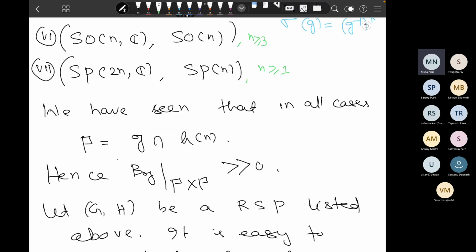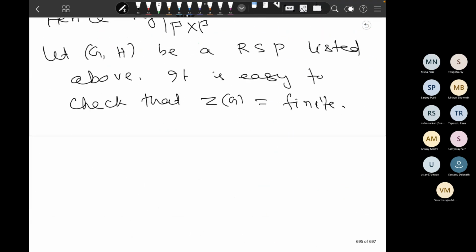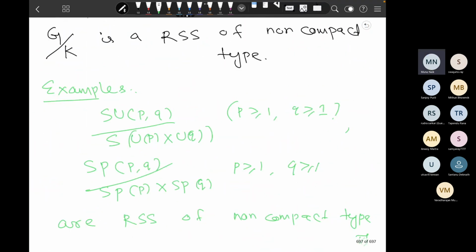For that reason, the next lecture will be devoted to calculating the center of some classical Lie groups. I will describe a general method to calculate the center of matrix Lie groups, and then we will prove one or two things about the Killing forms of GLn(R), SLn(R) or SLn(C). Then let us see what can be done. Okay, so with this, I would like to stop.